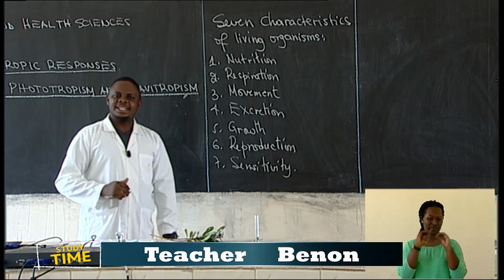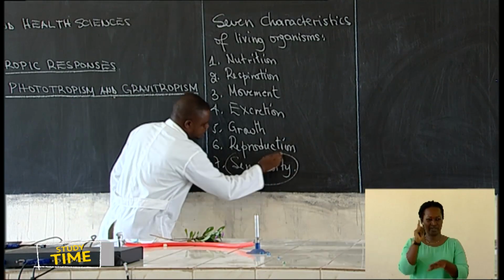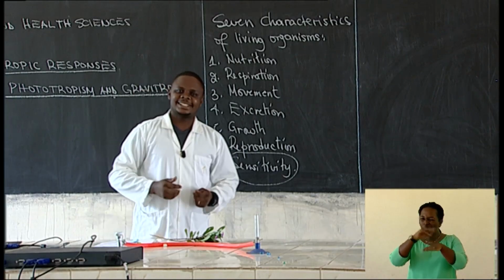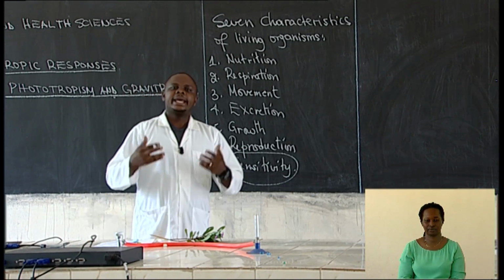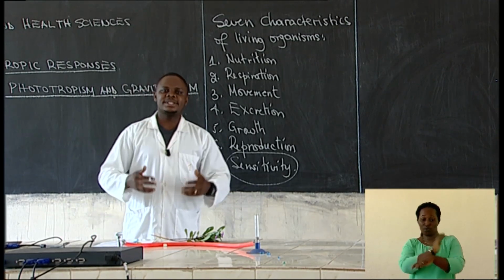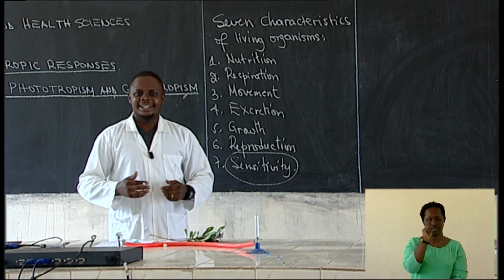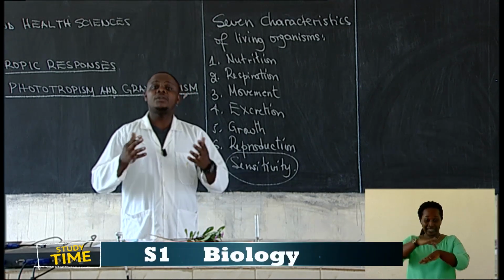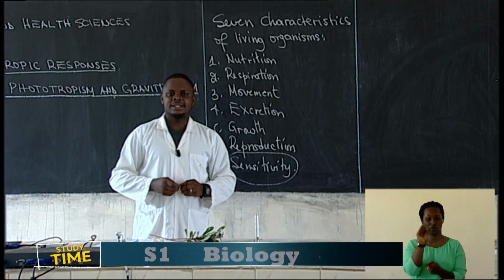My question is, what do you understand when we talk about sensitivity? What is it? Yes, sensitivity is the ability of organisms to respond to the stimulus. I repeat, sensitivity is the ability of organisms to respond to the stimulus.